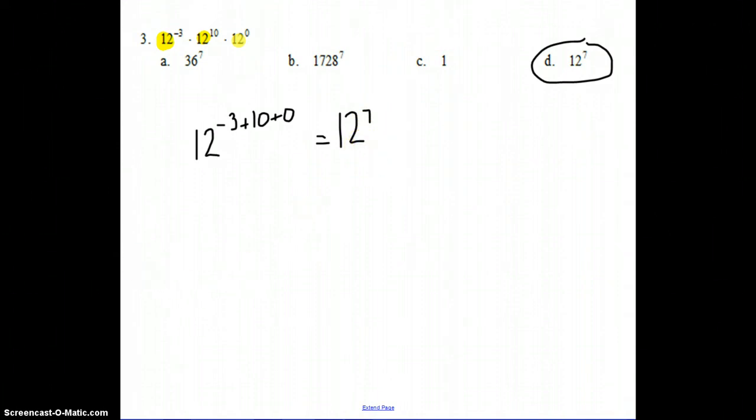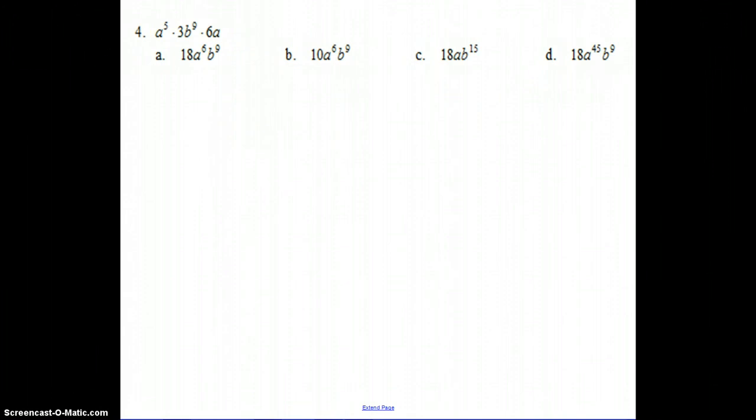Okay, next one. In this one, there are multiple things going on. There are numbers that are out in front, there are letters, and there are different letters. So first of all, there's no number in front of this A, and there's no exponent for this A. So I'm going to add those. And then this just becomes a big sorting activity.